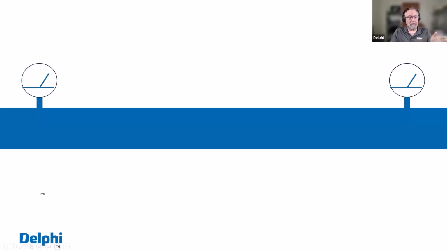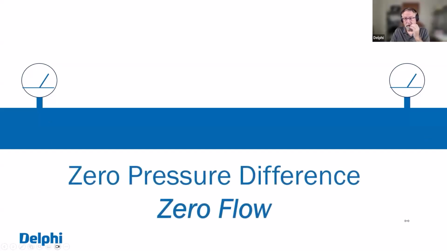So what this is telling us, when you have the same pressure here as we have on the right-hand side, it's telling us the fluid is not moving. There's zero flow. And it's the same thing with electricity. If we measure zero voltage difference or voltage drop across a conductor, for instance, it is telling us that there's no current flow taking place.